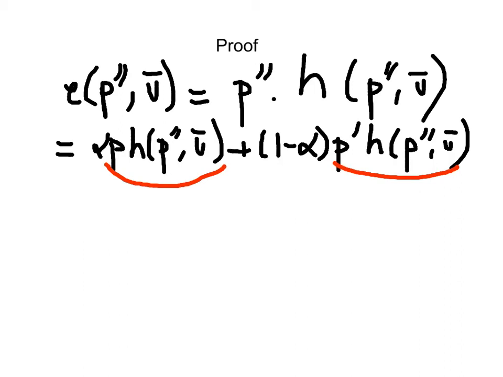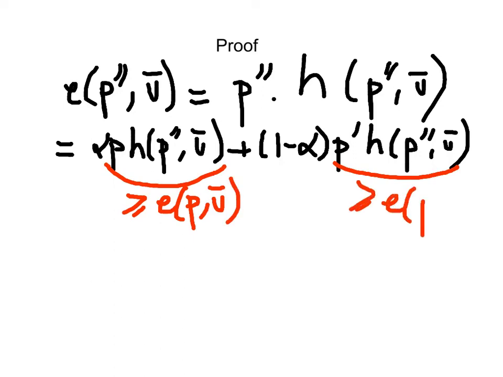And we know that the bundle H here is optimal for P double prime, but not necessarily for P or P prime. So this here is greater than or equal to the expenditure level for P to get to U bar, and this here is greater than or equal to the expenditure level for P prime, because that's the cheapest cost.